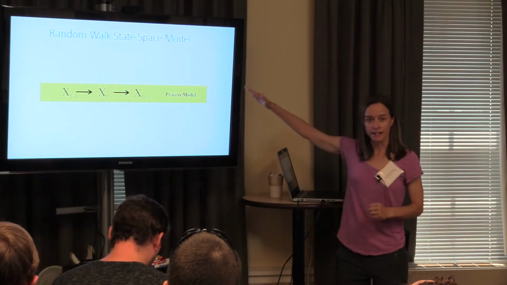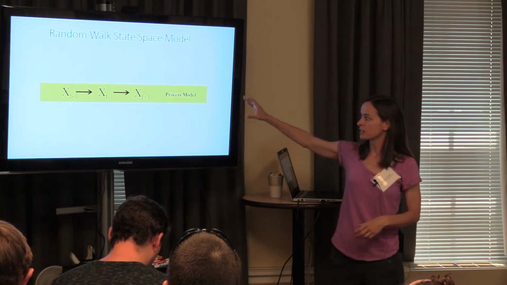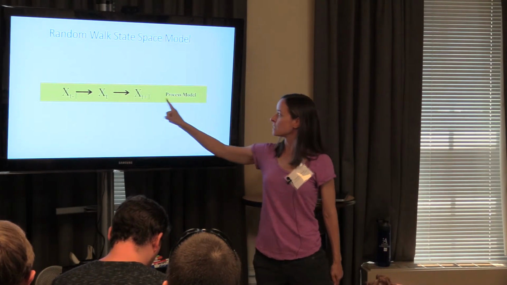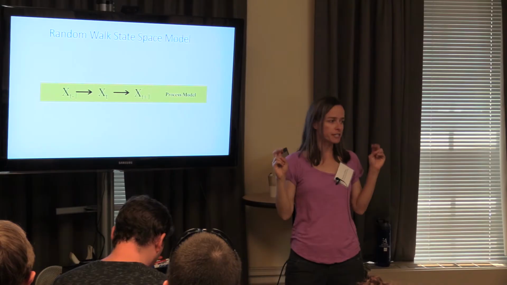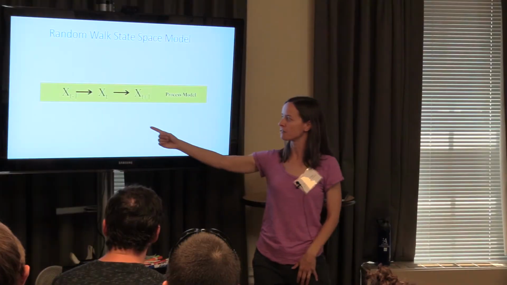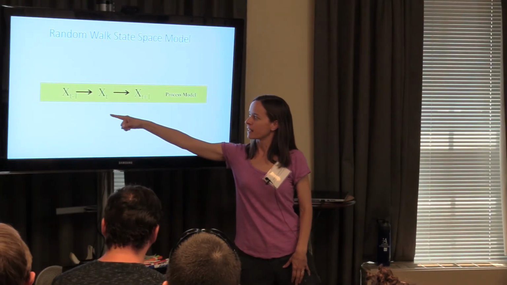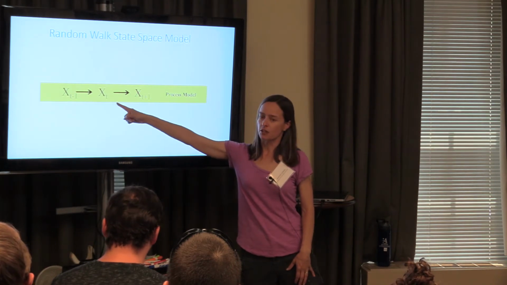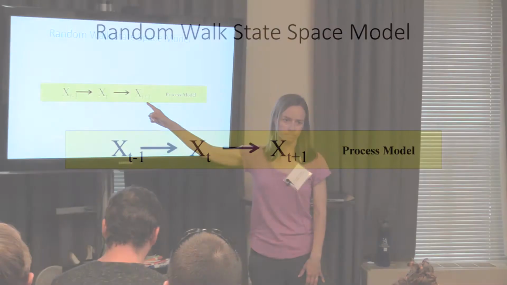And again, to break this apart in the graphic notation, we've got these x's. These are our process model. This is the true state, not what we're actually observing, but the true state. In the example I did yesterday, this would be fecundity. So this is like the actual fecundity of a tree at the last time, the current time, and the next time.